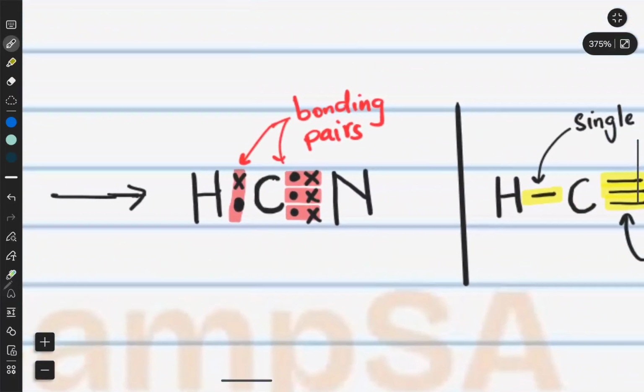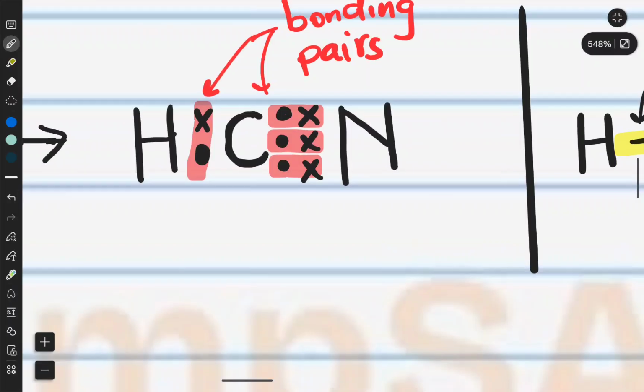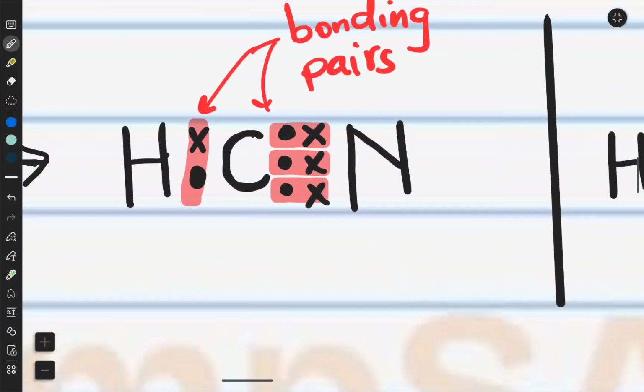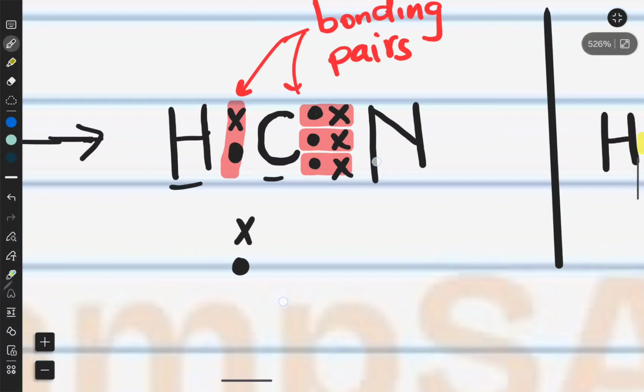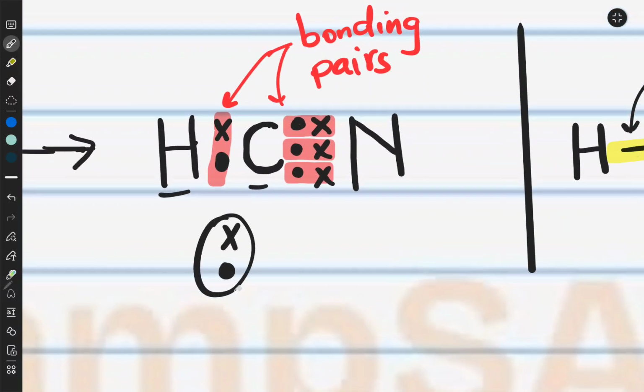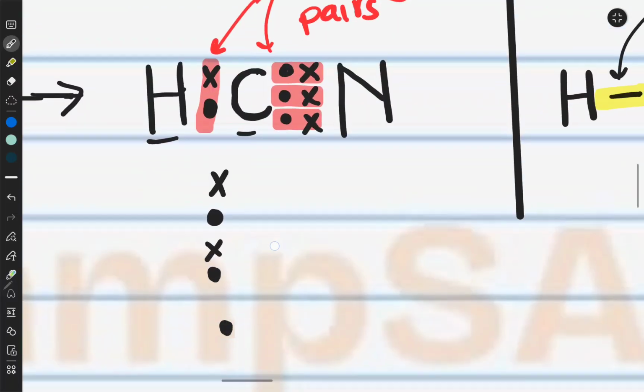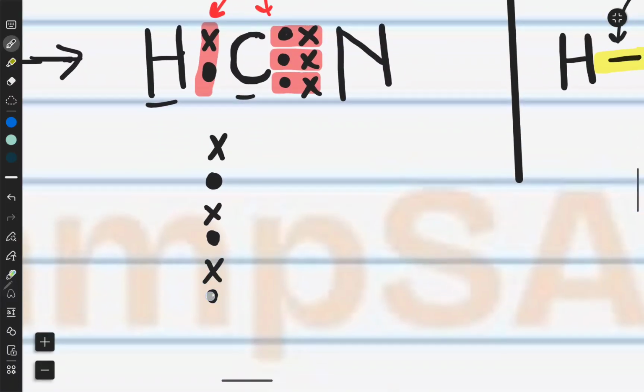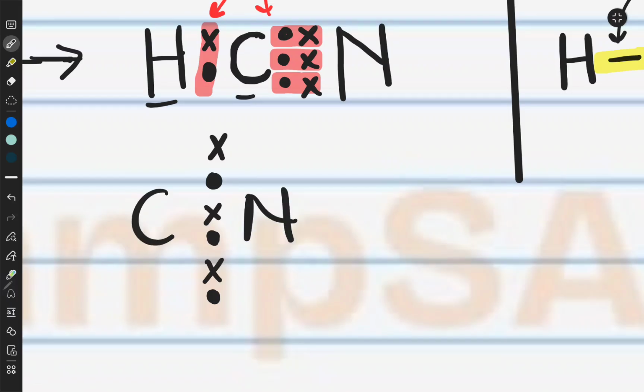So now you might be wondering why we drew them like this, because between H and C, the bonding pair is like X and then the dots, and we've been doing them like that. But it becomes tedious if we want to draw 3 of them and arrange them in this fashion, because you would have something like this, and then you would have C and N. That looks very tedious.